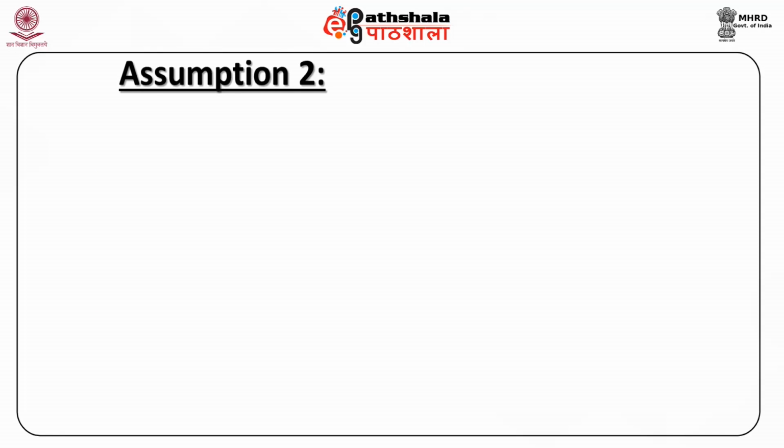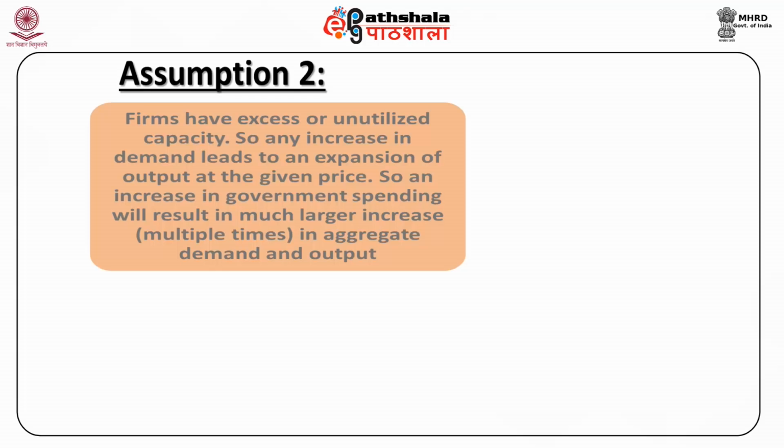Second, the aggregate supply curve is horizontal, implying that firms are able to sell any amount of output at the given prices. Also, firms have excess or unutilized capacity. So, any increase in demand leads to an expansion of output at the given price.